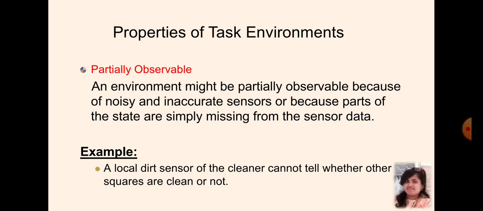The missing can be caused by noise, or by not taking sensory data properly. Just one example, a local dirt sensor of the cleaner cannot tell whether the other squares are clean or not. That is, the information about the other squares is not observable correctly, so that makes the environment partially observable.